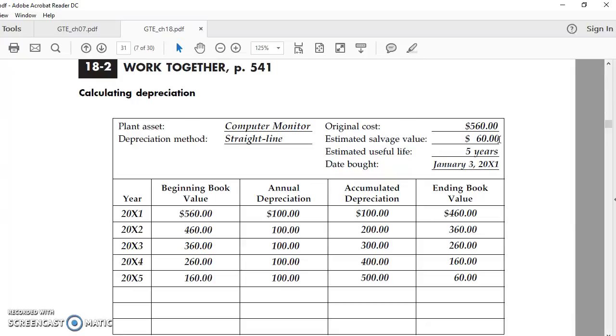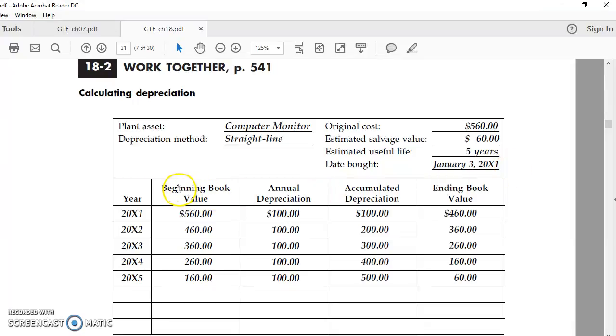The salvage value is not to be calculated in the total depreciation on the depreciation table. So the last line here should always be the salvage value. The estimated useful life of this computer monitor is 5 years, which is pretty realistic, and the bought date would be January 3rd, and you can put 2016 or 2017.